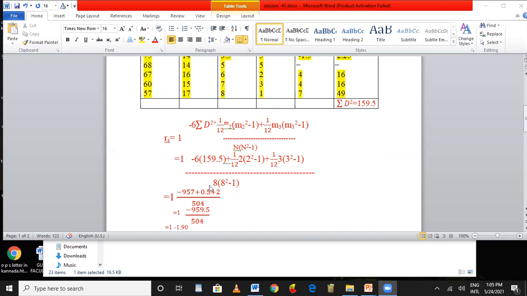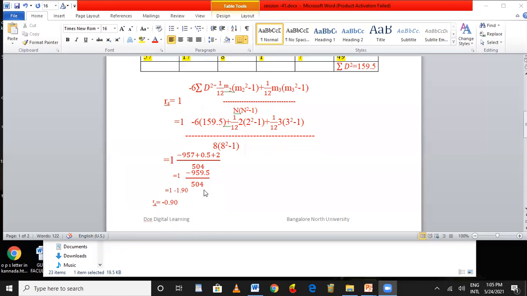So the adjustment when equal ranks occur: if a rank occurs two times, it is 0.5; if three times, it is 2. We have to adjust for that here. Here, 1 minus (957 plus 0.5 plus 2), which is 959.5, divided by 504.